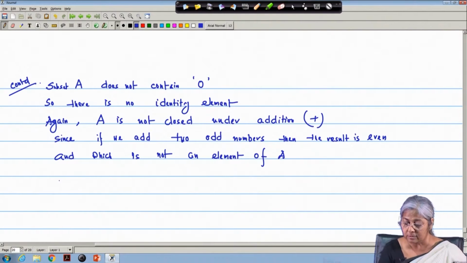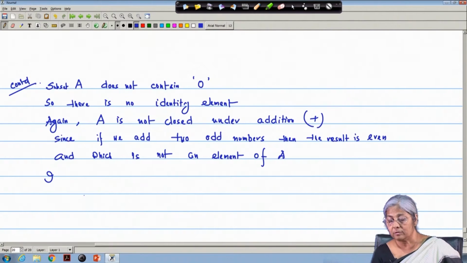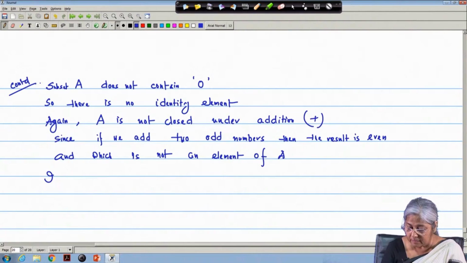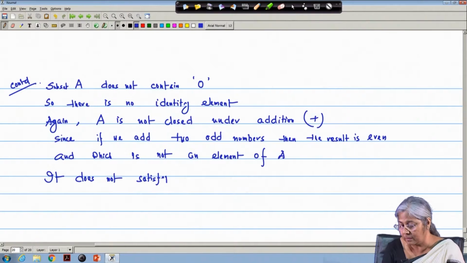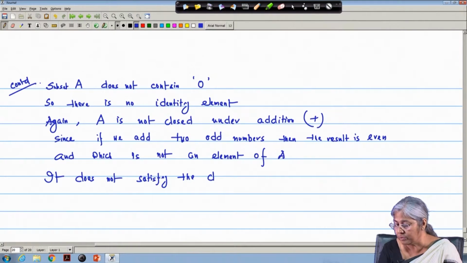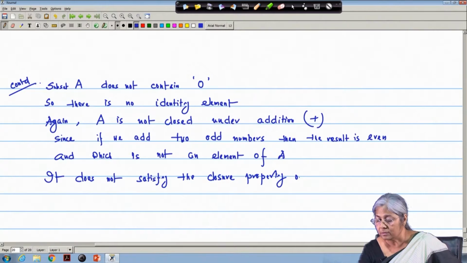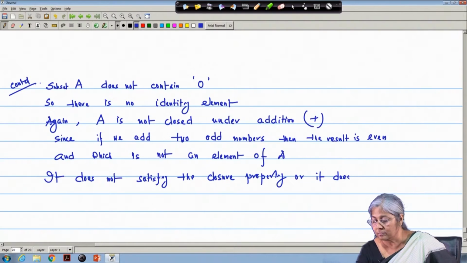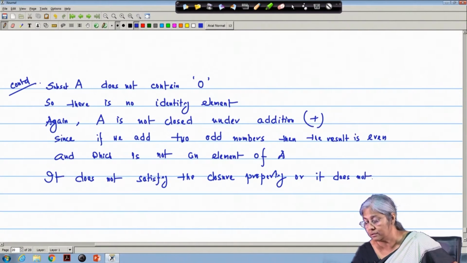So, neither does it satisfy the closure property, nor does it have an additive identity.